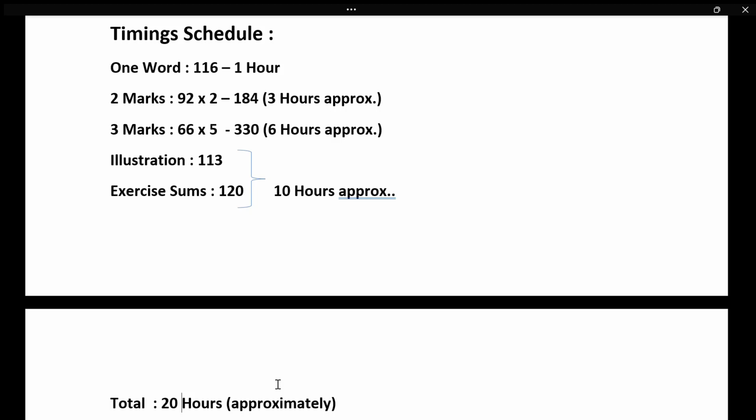So altogether to finish this portion you need 20 hours. These 20 hours you can split 2 hours, 2 hours or 3 hours, 3 hours in the morning, 3 hours in the afternoon, 3 hours in the evening. In the evening you can spend more time, 4 hours or 5 hours like that. So you can finish this without leaving any questions.